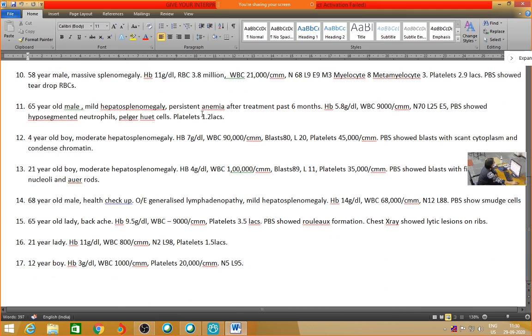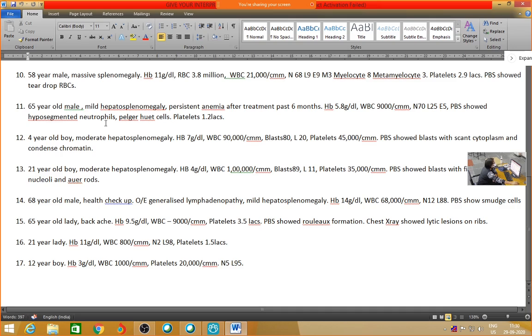Okay, now coming to 11. This is a 65-year-old male, mild hepatosplenomegaly, persistent anemia after treatment past 6 months with hematinics. The hemoglobin is only 5.8. The WBC is 9,000, which appears okay. The differential appears all right.